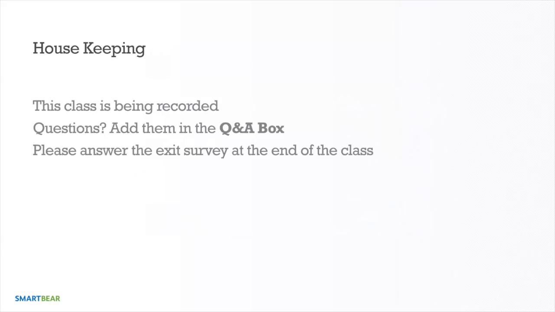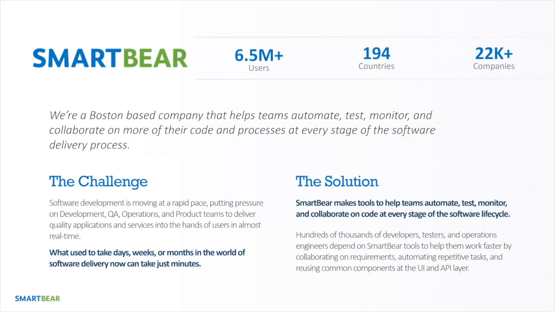All right, so who's SmartBear? Let's start with an intro there. We're a Boston-based company with 7 offices globally that focus on creating solutions for developer, testing, and operations teams to help them instill quality throughout the entire software delivery lifecycle.